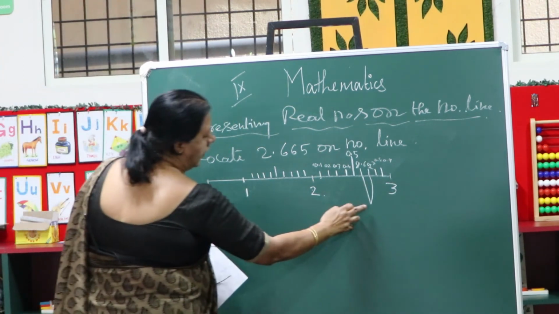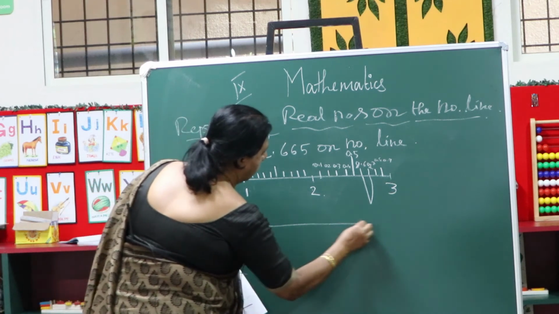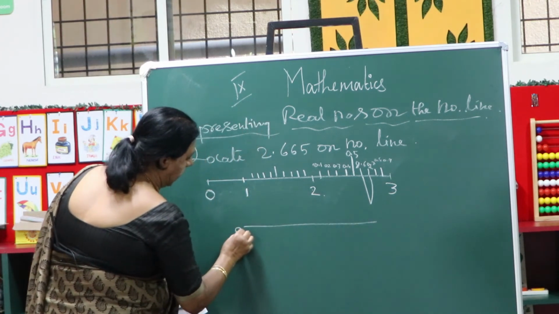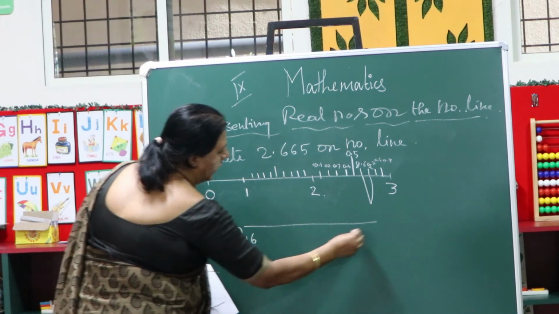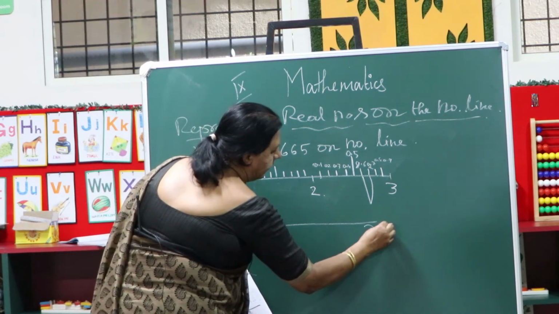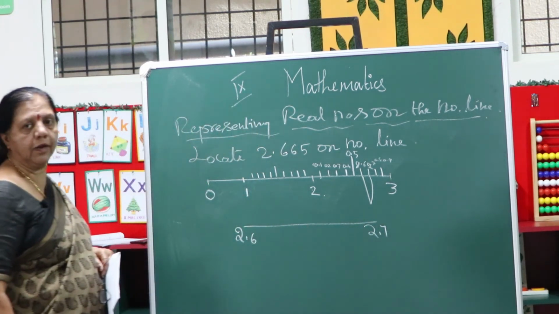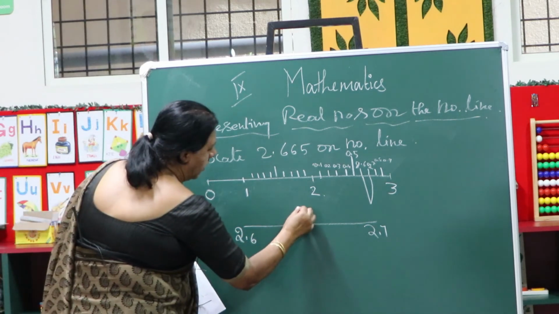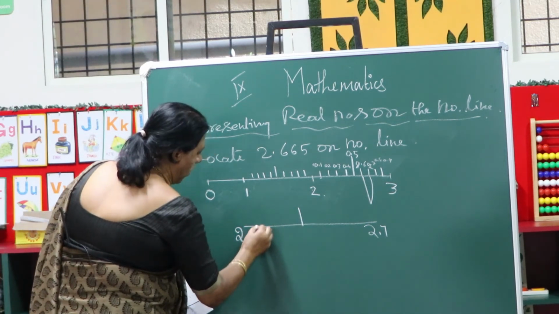Now this one once again you write, what is that? 2.6 and 2.7.